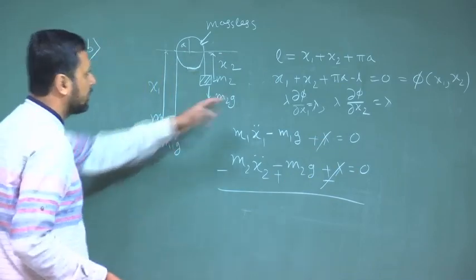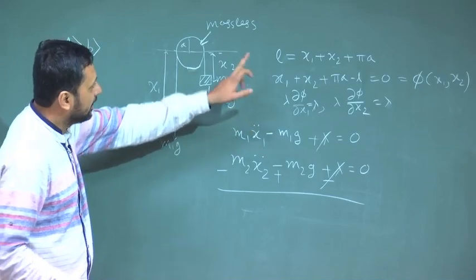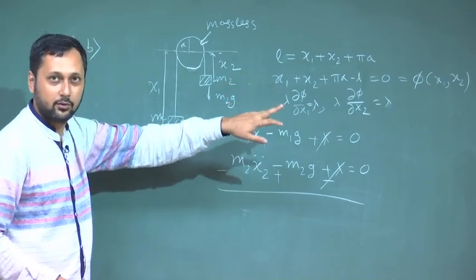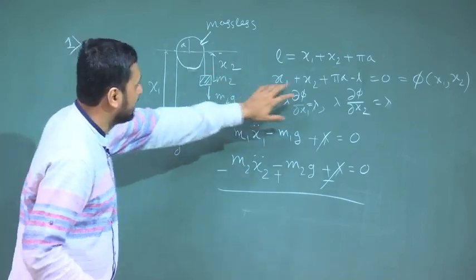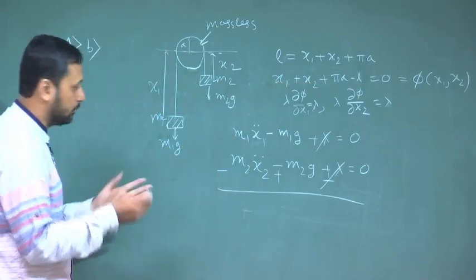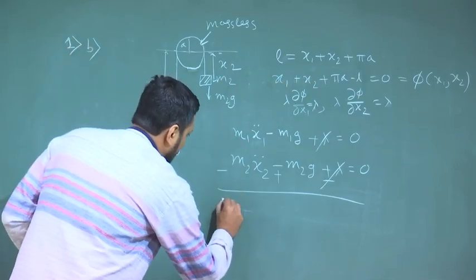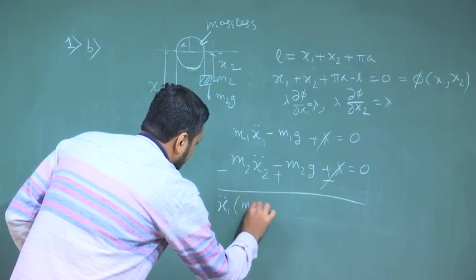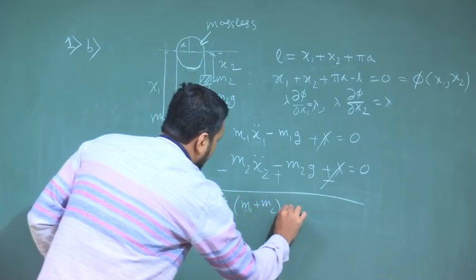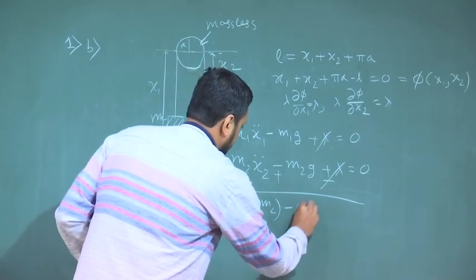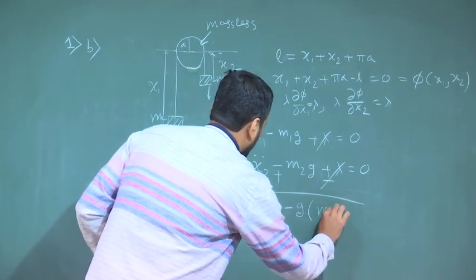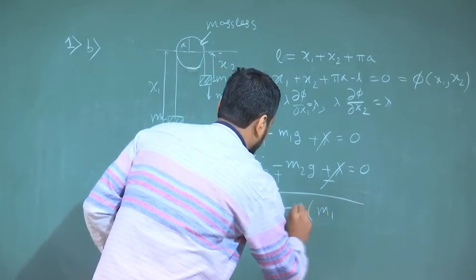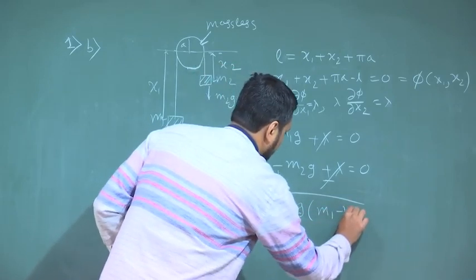And once again from the constraint condition we see that x 1 double dot is equal to minus x 2 double dot, because if we take a derivative of this, it will be just the opposite. So, if we do that, once again we get x 1 double dot is equal to m 1 plus m 2, and on this side of course, we will have minus m 1 minus m 2.